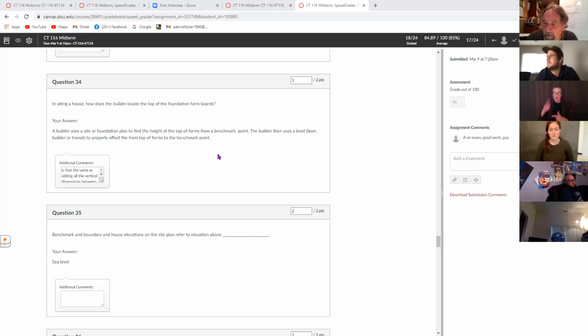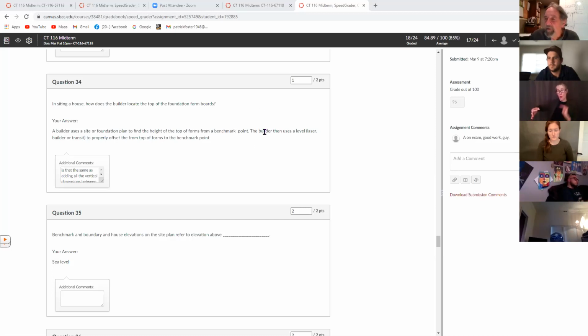Benchmarks are on a fire hydrant or a manhole cover on the street. You get your transit out, you put it right over that manhole cover. Make sure you have friends that are keeping the cars from running you down. Then you shoot to the house site where that height is, and then you go 5 feet above that or whatever it is.